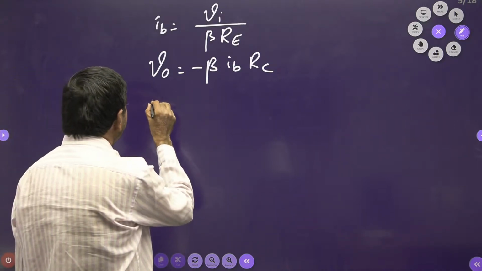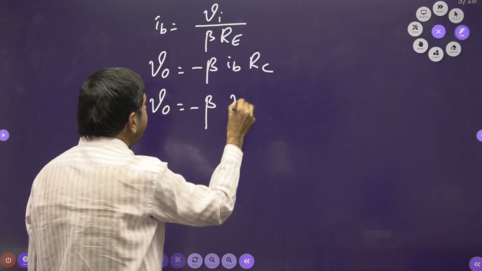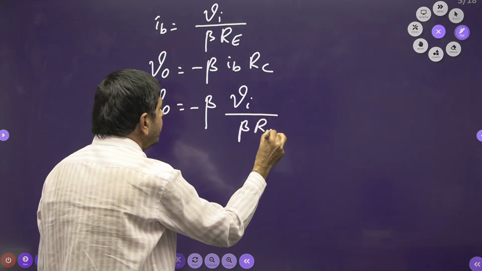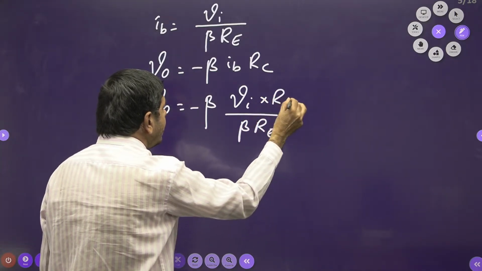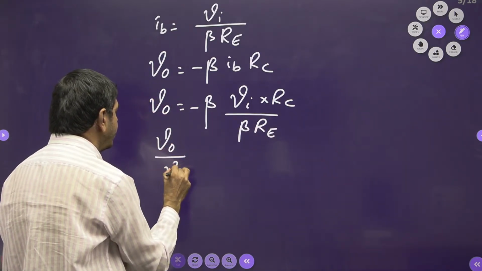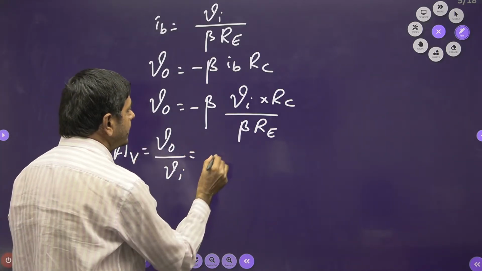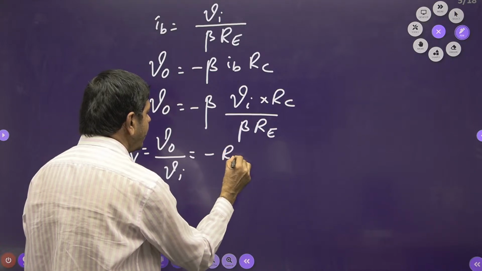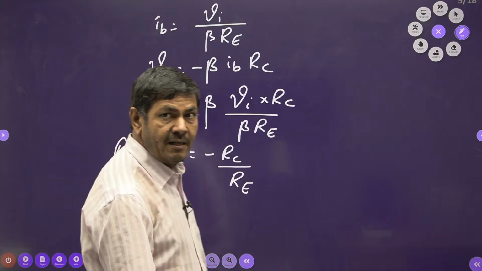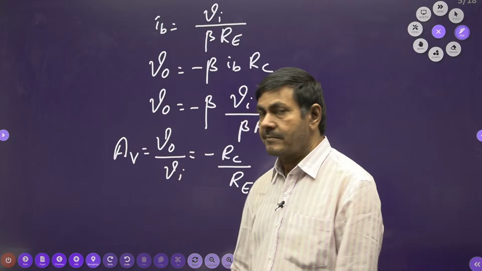So V0 is nothing but minus beta into IB, which is VI by beta into RE, into RC. There I can cancel beta and beta. I want to find V0 by VI, the required voltage gain. This is nothing but, beta and beta cancelling, minus RC by RE. RC will be given in the network, RE will be given in the network. Directly you can determine voltage gain.